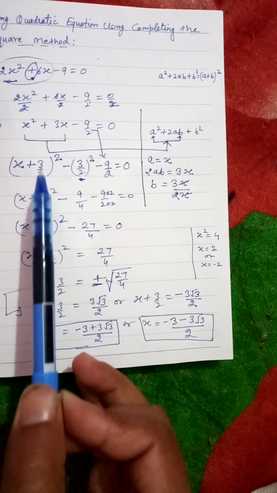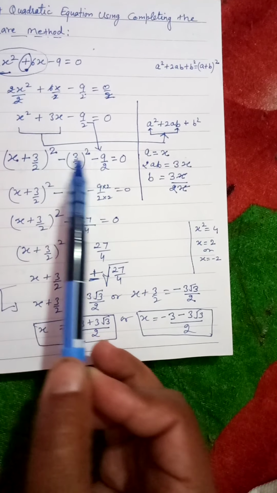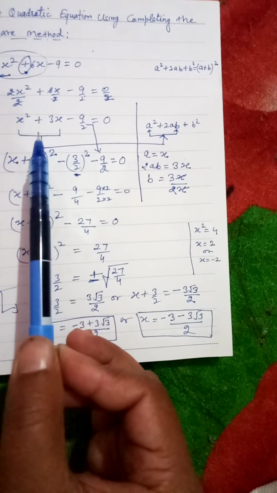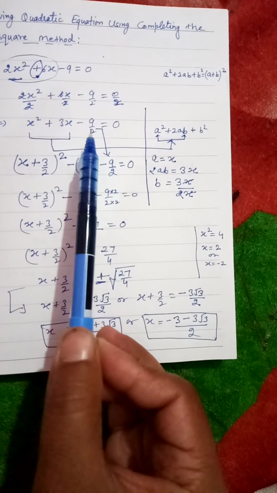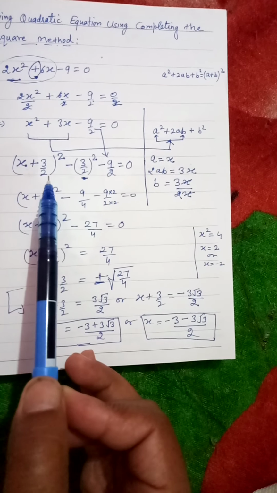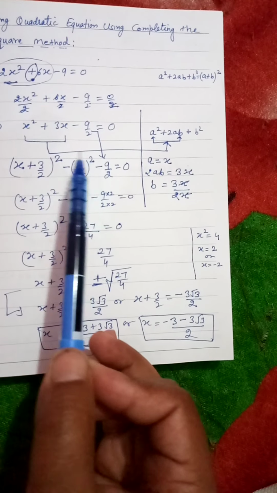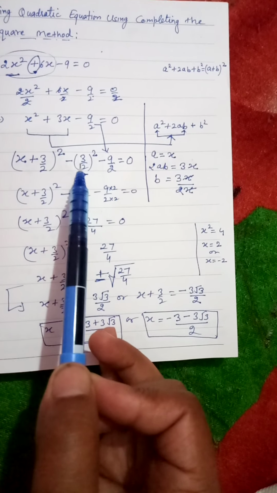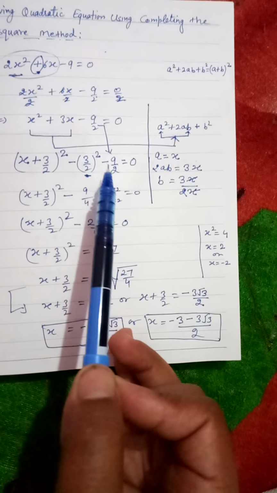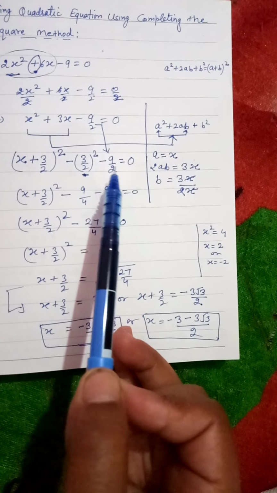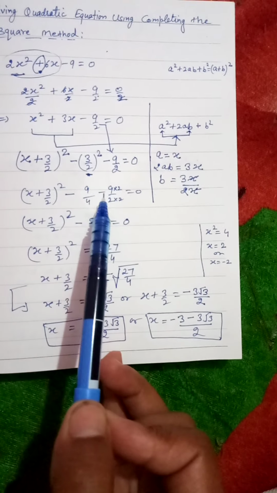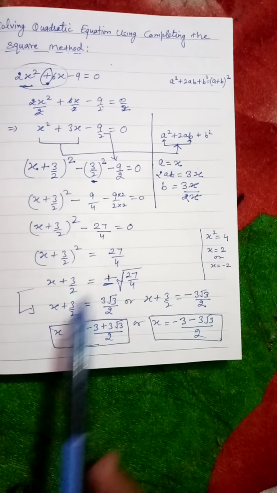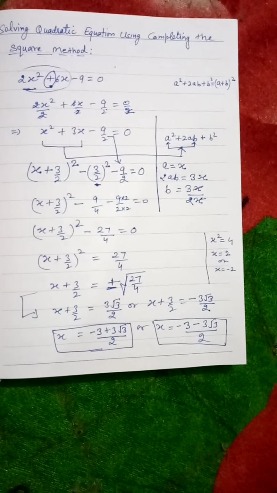So here we compare the variable part only, and we find a and b, and then we directly write this equation in this form, (a plus b) whole square, and we write b square with a minus sign extra, we wrote this b square and this minus 9 by 2 as it is. Then we solve this, simplify and shift and take the square root, and finally we reached our result.